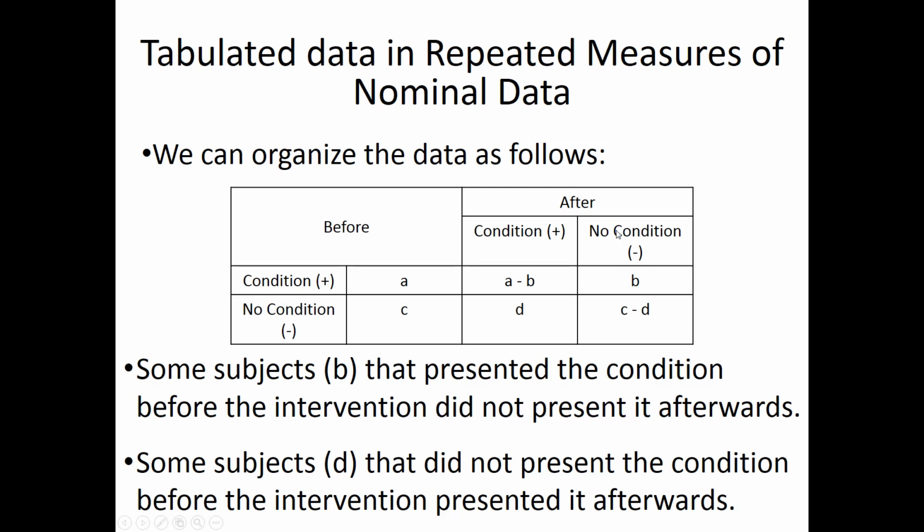Conversely, after the intervention, those originally that did not have the condition will mostly also not have the condition, but some may have developed the condition. So some subjects, B, presented the condition before the intervention but did not present it afterwards, and some subjects, D, did not present the condition before the intervention but presented it afterwards.